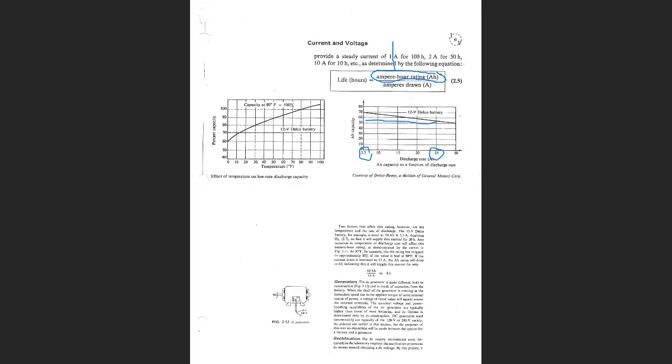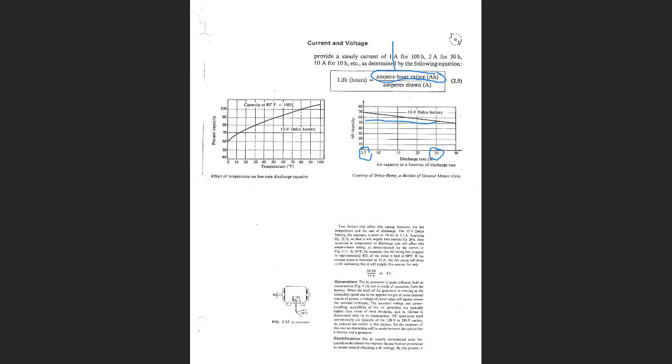So in other words, the amp hour rating will decrease with current draw. The more current you draw, it lowers your amp hour rating. That's one reason I said this equation is theoretical. So amp hour rating depends on how much current you draw from the battery.